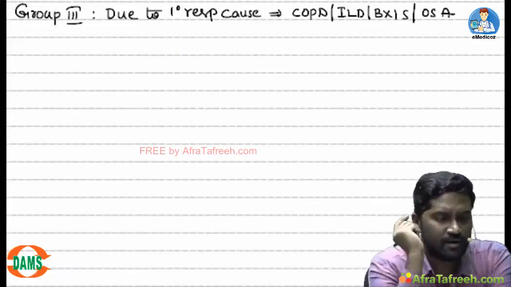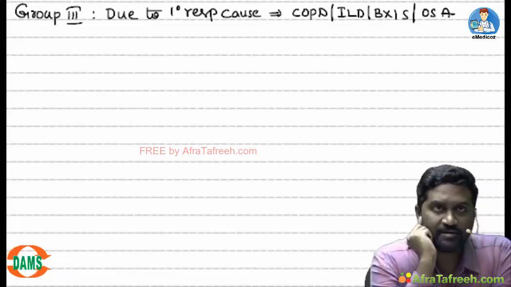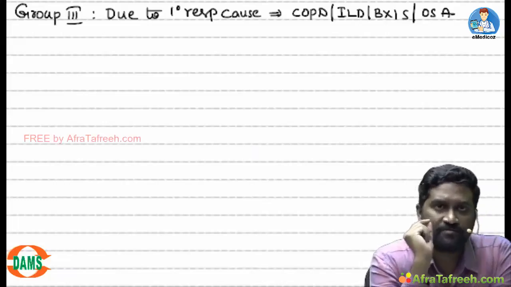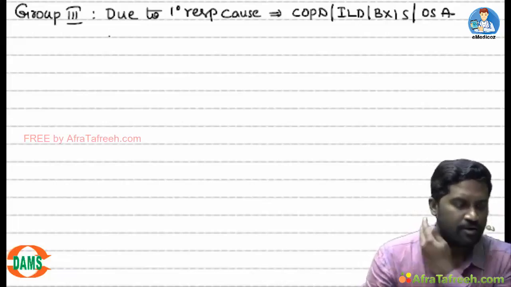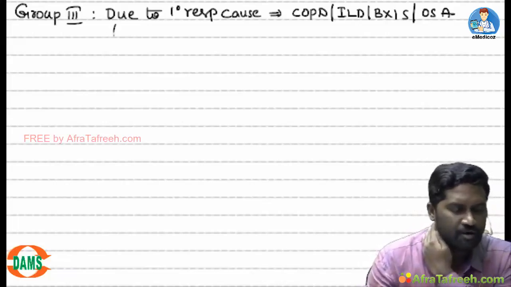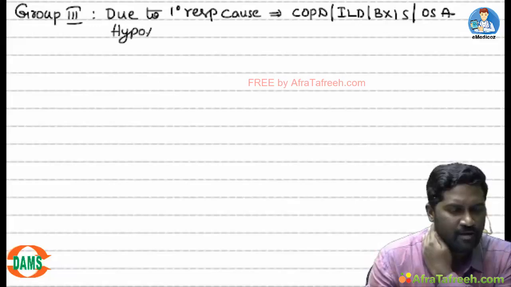So how will a primary respiratory cause be responsible for pulmonary hypertension? I told you, chronic respiratory diseases cause long-standing hypoxemia.